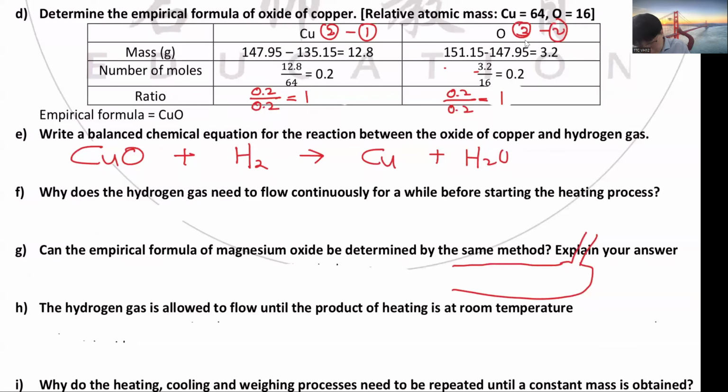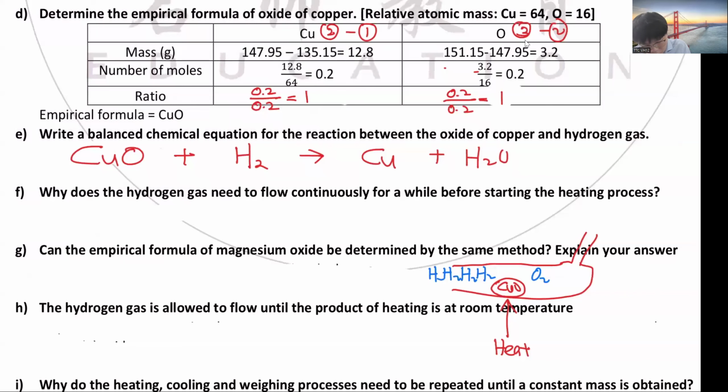Imagine I want to heat this copper 2 oxide. If inside got hydrogen and oxygen gas together, if you heat, you explode. So how do you make sure no more oxygen in the tube? This is what we do.